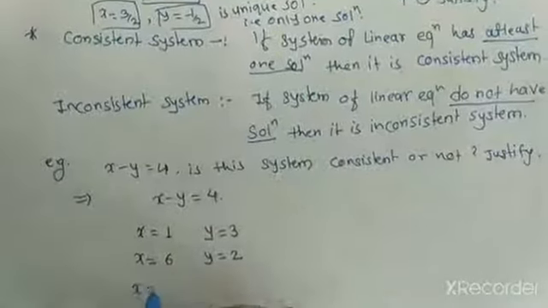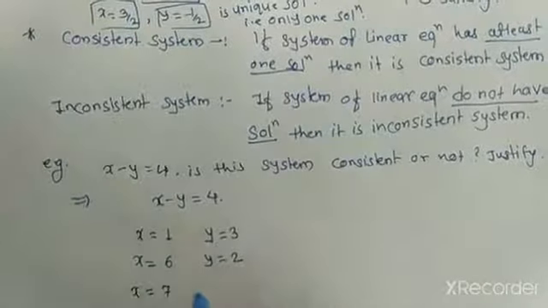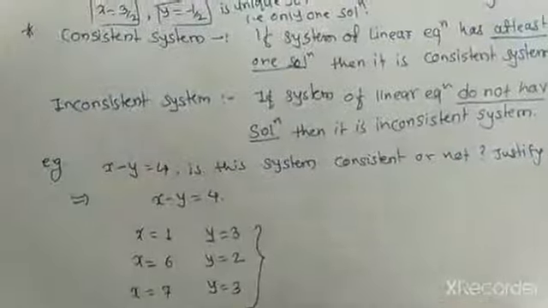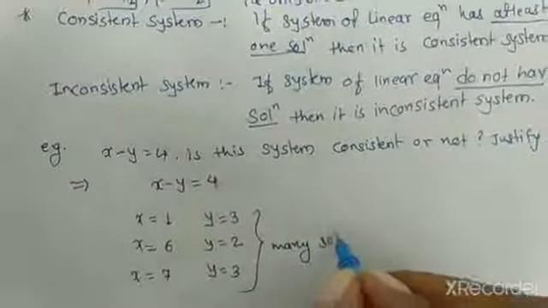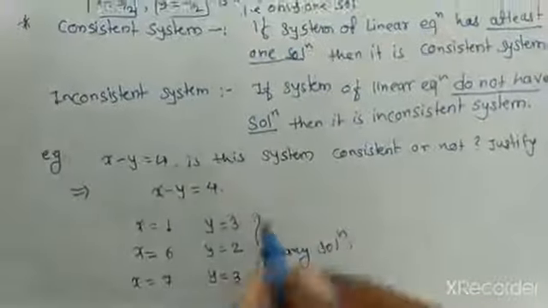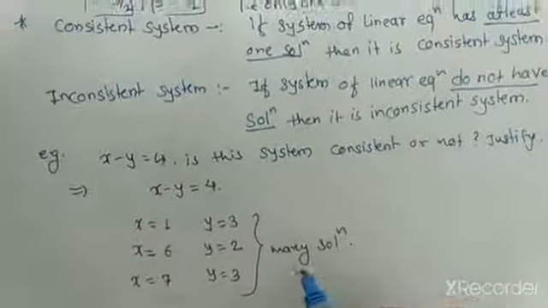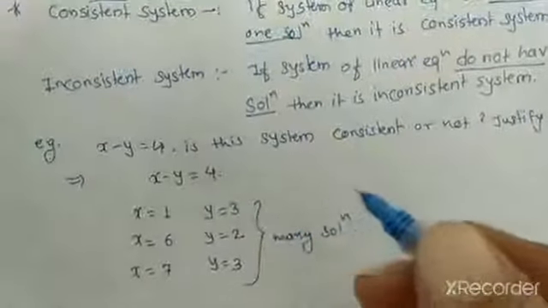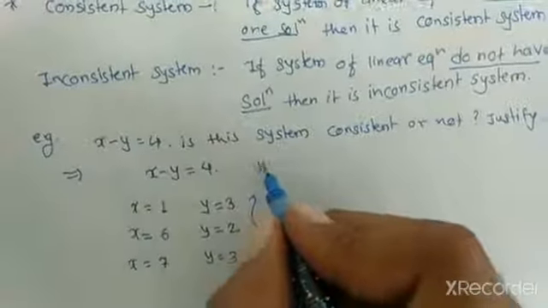Next, if again we consider x is equal to 7, then y will be 3. So we get many solutions. Therefore the system has a solution. So infinitely many solutions. This system has infinitely many solutions. So we can write this system is consistent.